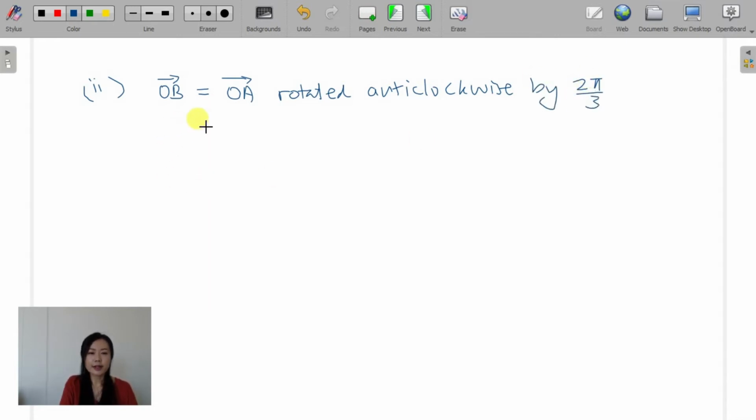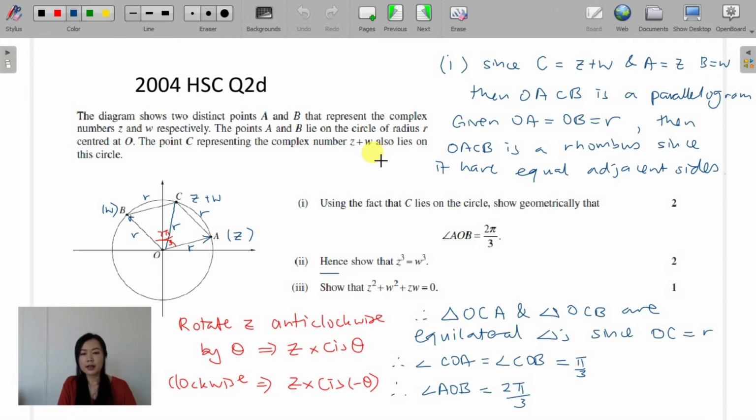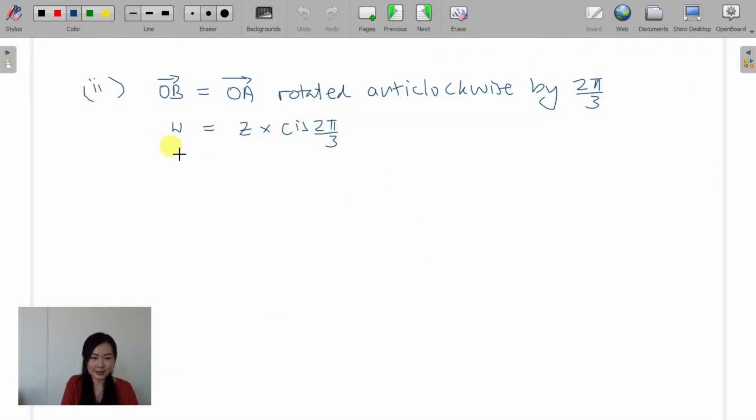Right, 2 pi on 3. So in other words, OB represented W and OA represented Z, so times cis 2 pi on 3. So that's the start. Okay, so then am I trying to prove that? Well, let's try cubing it and see what happens.